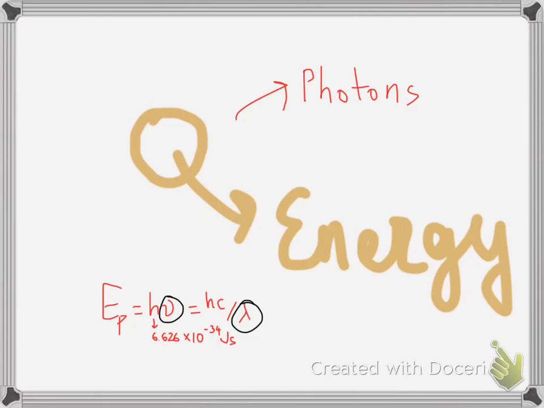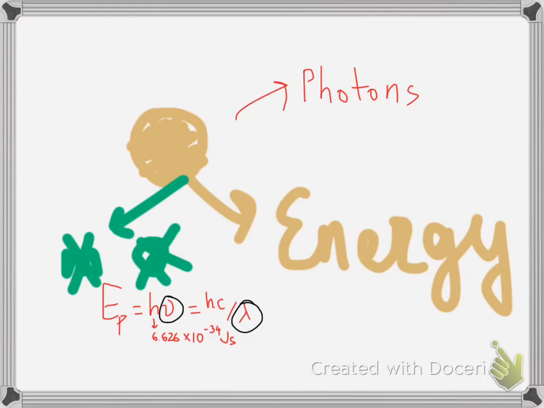Also, a second point about the photon is that it has neither mass nor any charge. It is very difficult for us to understand how something can exist but has no mass.